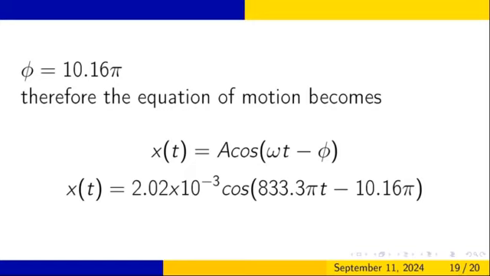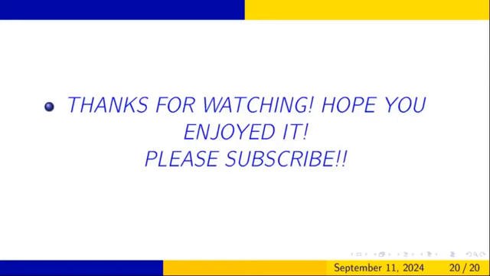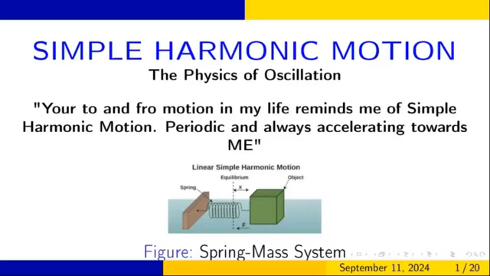The potential energy can be written as half ka squared cos squared (wt minus phi), which we can put as half kx squared. This is interesting. This is telling us that the potential energy of the mass spring system is the elastic potential energy, because it depends on the elastic spring constant, which is K.